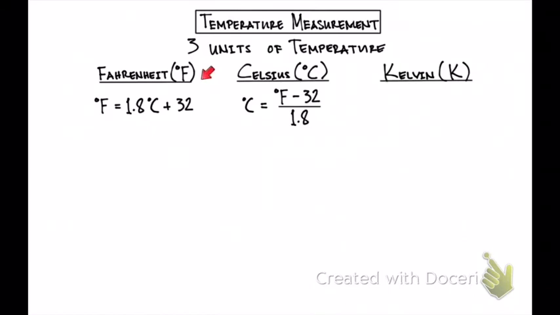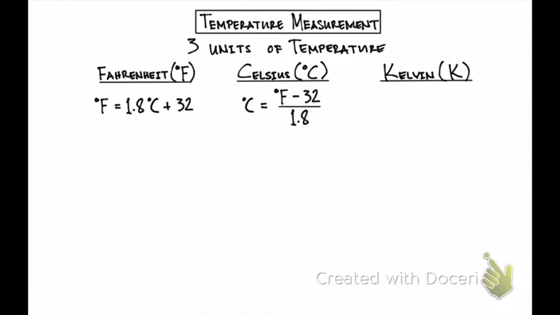All we did is really rearrange this equation for Fahrenheit and isolate degrees Celsius. We subtracted 32 on both sides and divided by 1.8 on both sides, and we end up with this equation for degrees Celsius. So it's degrees Fahrenheit, whatever the number is, minus 32, divided by 1.8.